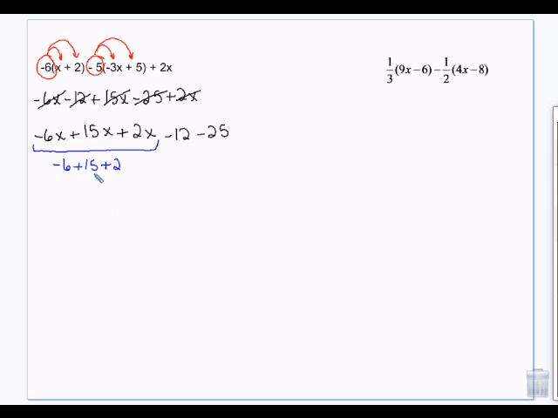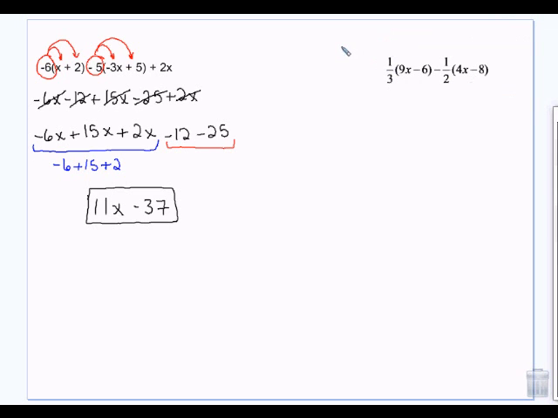Negative 6 plus 15 is 9, plus 2 is 11, so that gives me 11x. And then negative 12 minus 25, they're both negative, so I'm adding those together, so that's negative 37. And I'm done.